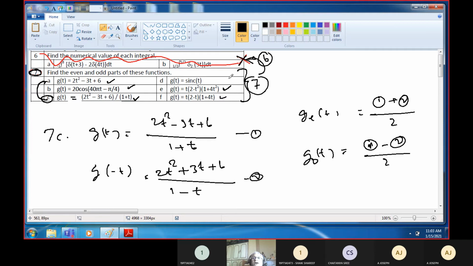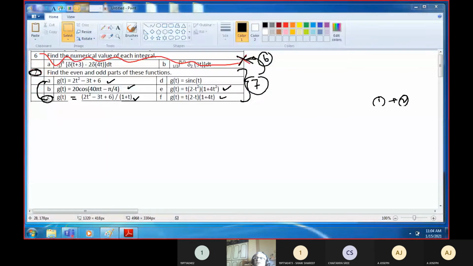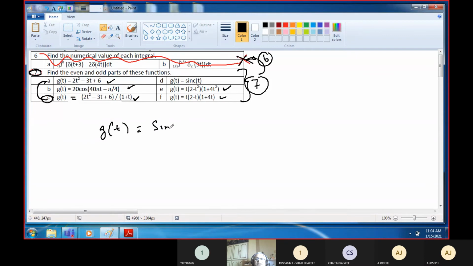So we will concentrate on 7D now. We will close after writing for 7D. 7D is giving us the sinc function. So G of t is equal to sinc of t.